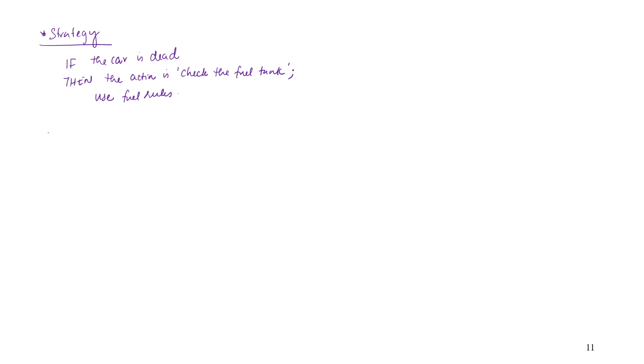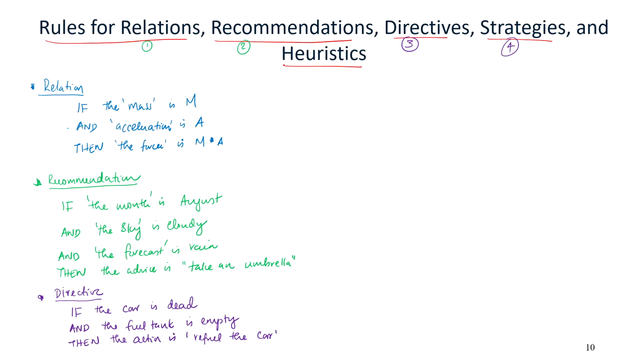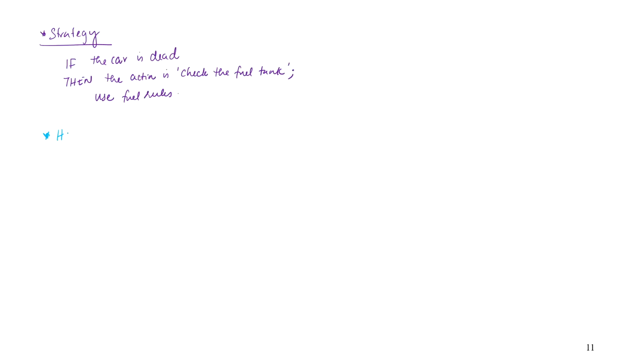Now, let us talk about something called a heuristic, as we mentioned in the previous slide. So, the last part, the fifth one, is the heuristic. What is a heuristic? Let us take a simple example.